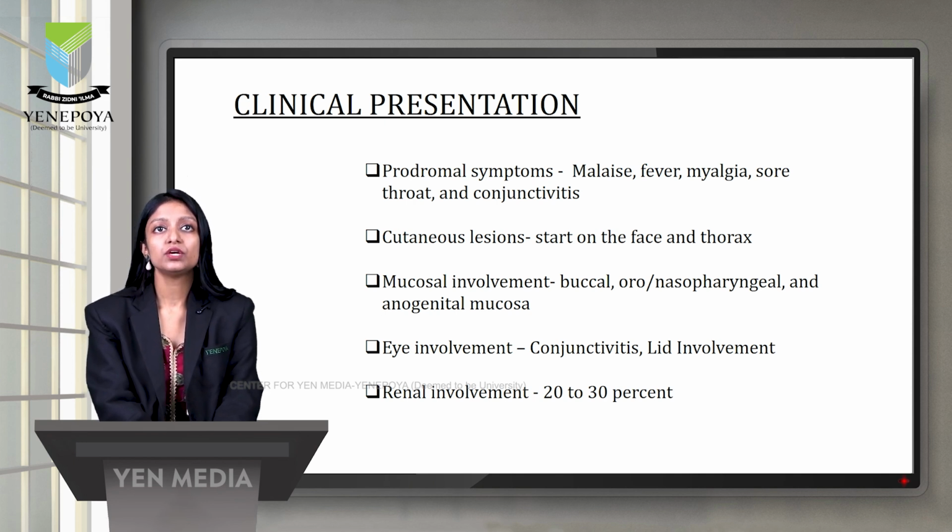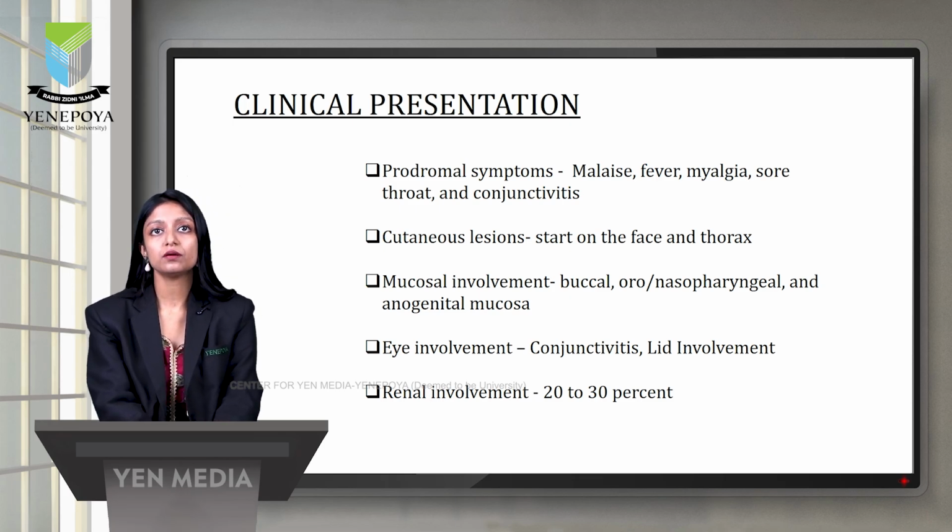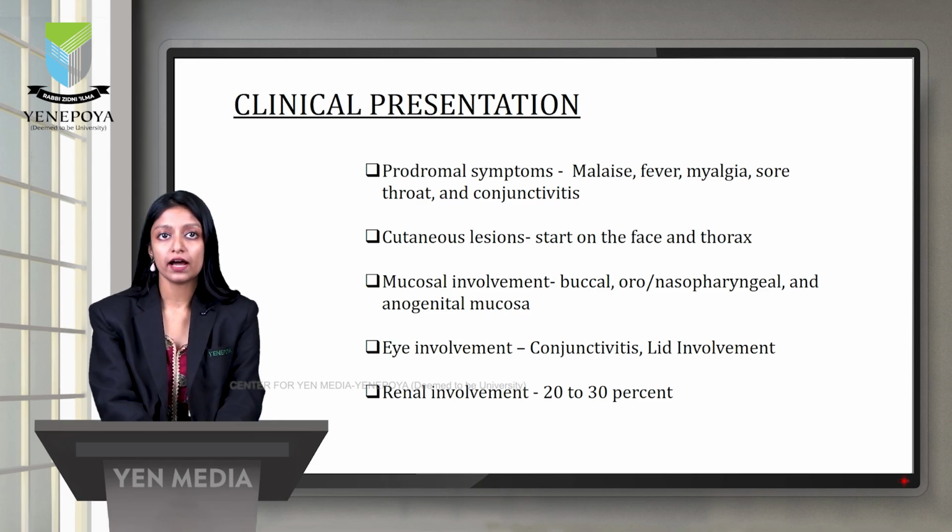Then there will be cutaneous lesions, which usually start from the face and thorax. Mucosal involvement will be buccal, oronasopharyngeal and anogenital mucosa. Eye involvement leads to conjunctivitis, along with inflammation of the eyelid or scraping away of skin from the eyelid.